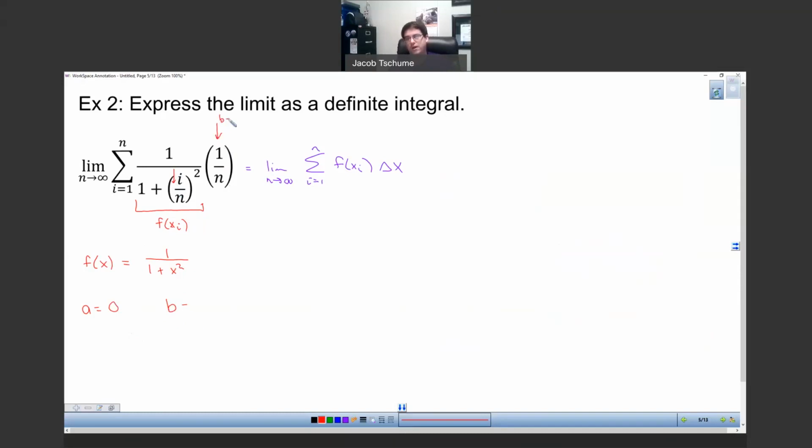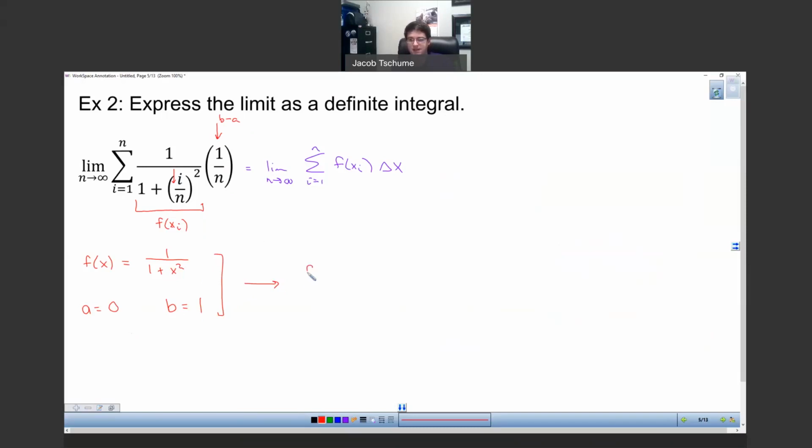Since that 1 comes from the subtraction of b minus a, and you know that a is 0, you have to ask yourself what minus 0 gives you 1, and that's very obviously going to be 1. You take those 3 bits of information and you can convert them into the integral representation of this limit.